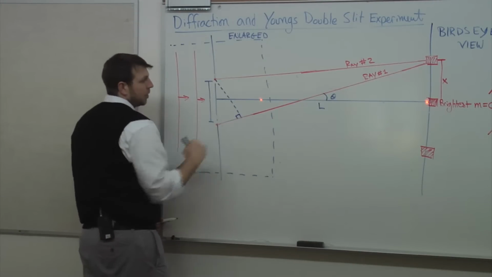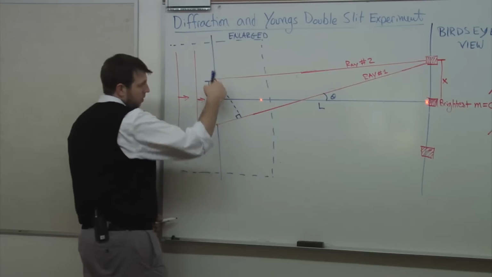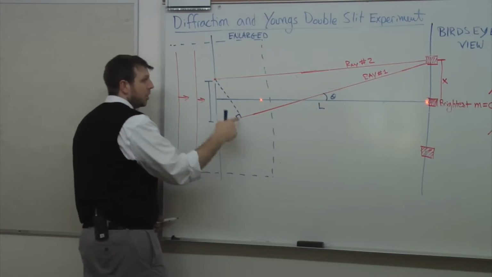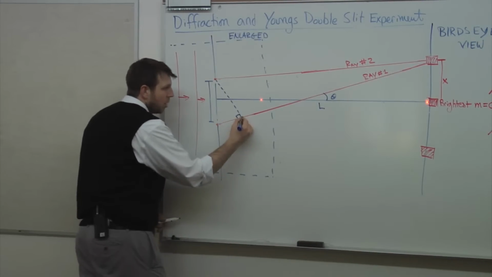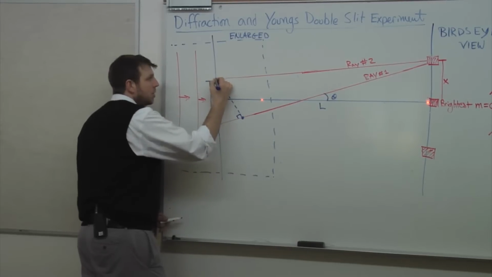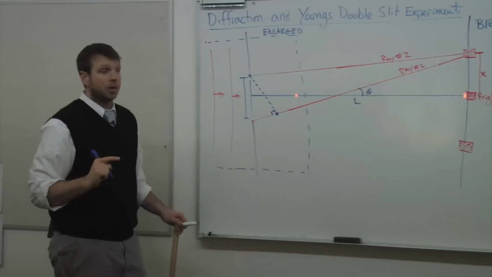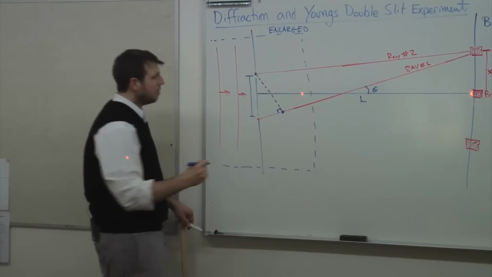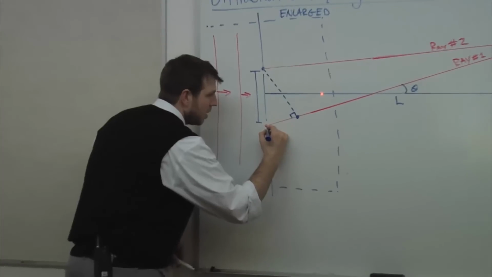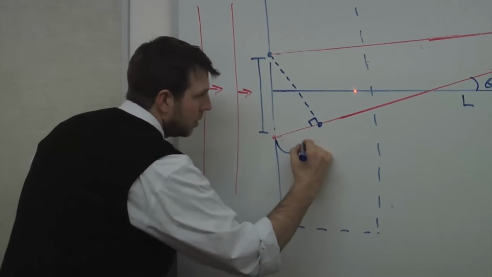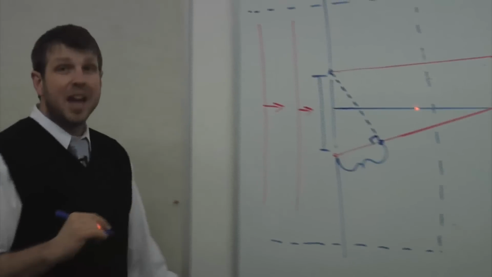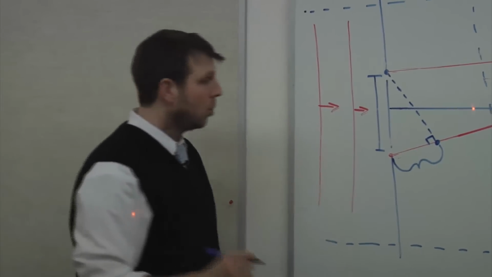If I drop down a perfectly 90-degree angle line from this point to this point, that means this point and this point are equidistant from where our maximum is occurring. And that means that this distance right here is the extra distance traveled by ray number 1.